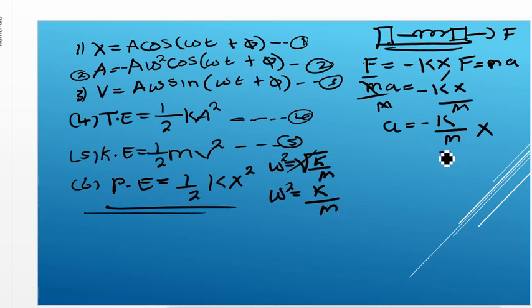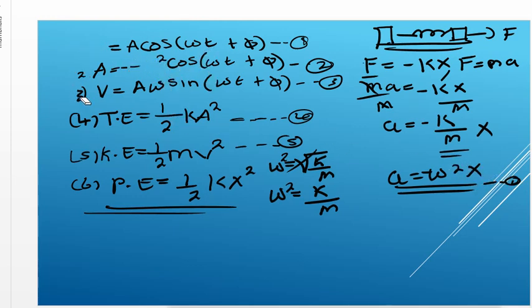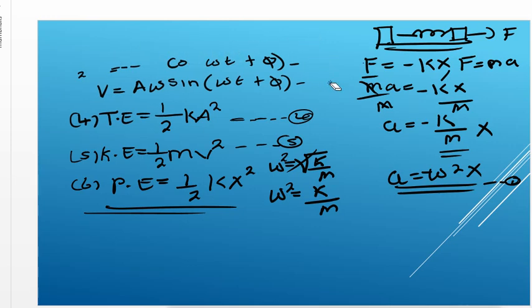So where there is k over m, I'm going to replace it with omega squared, giving a equal to negative omega squared x, and this is our formula for the acceleration. Now let's come up with the formula for the total energy. We will see how you can derive it.